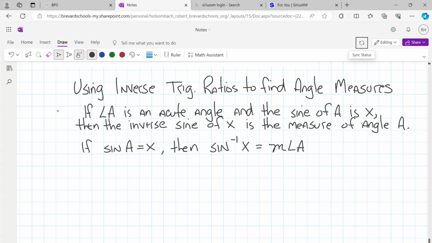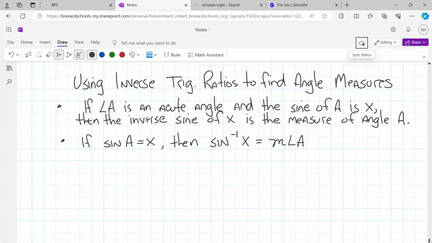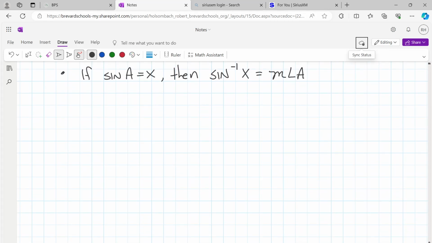So there's words. Here's the symbol version of the rule. And then this is how the rule works. So let's get that triangle drawn on your paper from example 4 there.